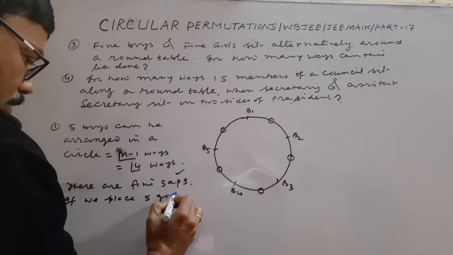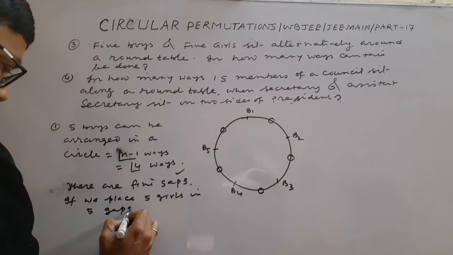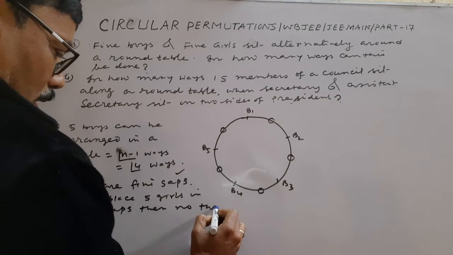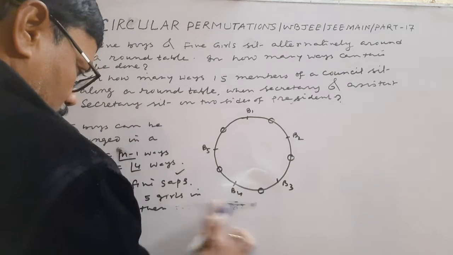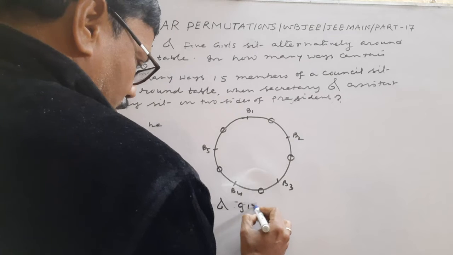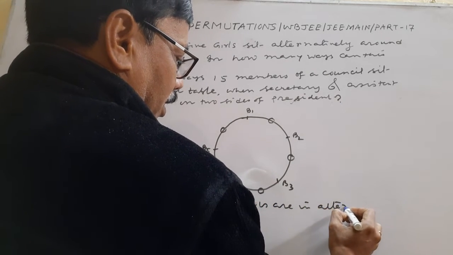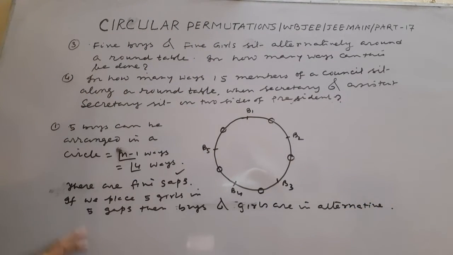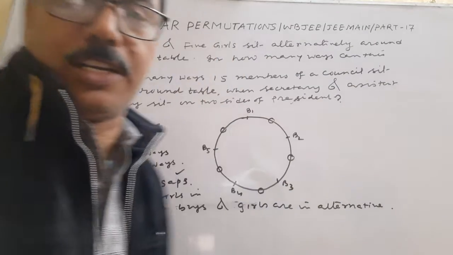If we place 5 girls in 5 gaps, then no 2 girls are together; boys and girls, this is our condition, are alternative. If we place 5 girls in 5 gaps, then boys and girls are alternative.